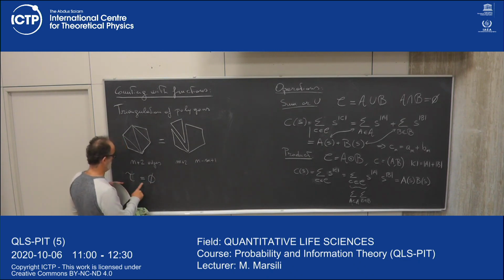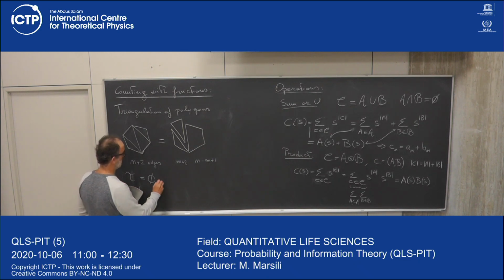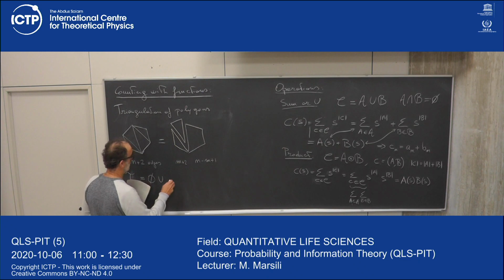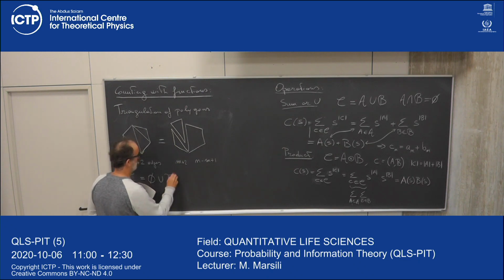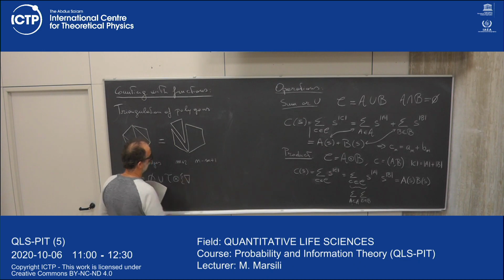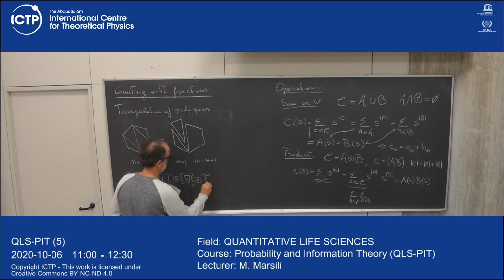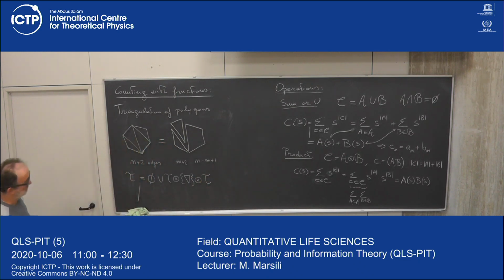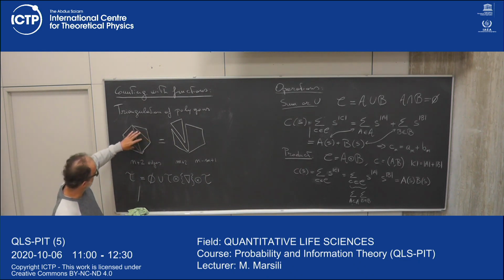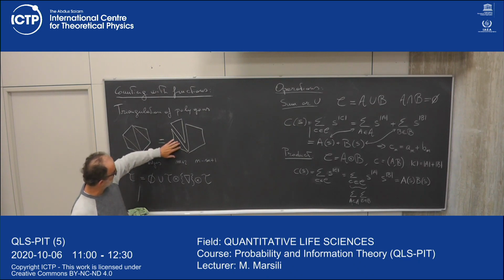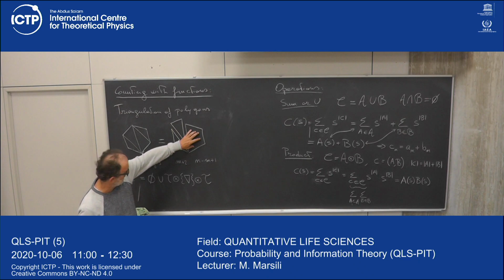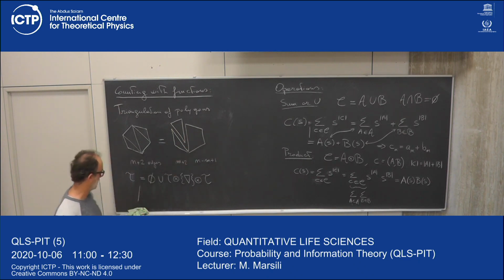And then either it is the empty triangulation, or it is a triangulation formed by a triangulation times one single triangle times a triangulation. Okay? So the set of triangulations is the set of triangulations of a smaller polygon times a triangle times another set of triangulations.